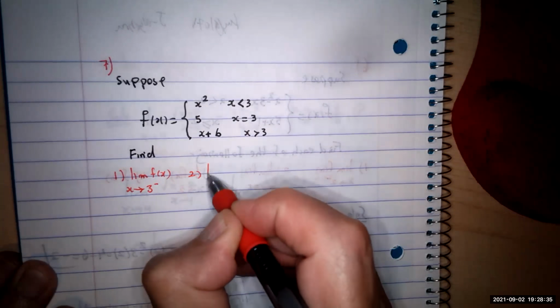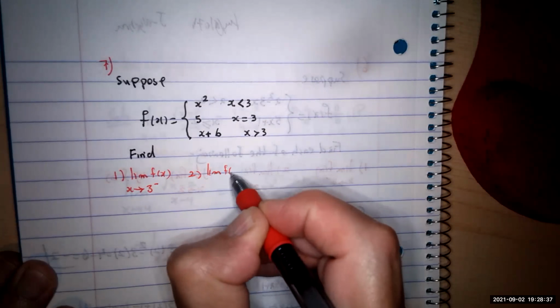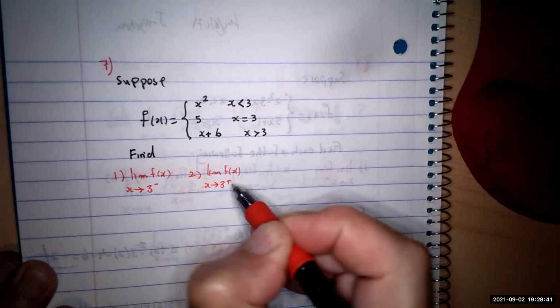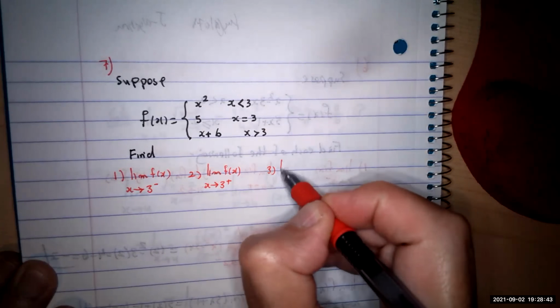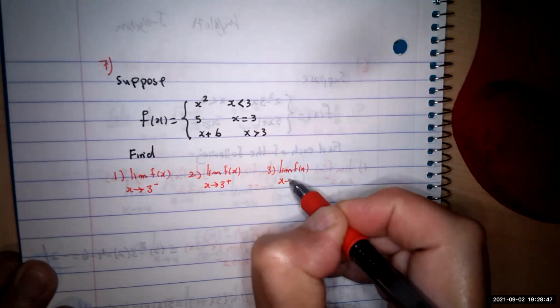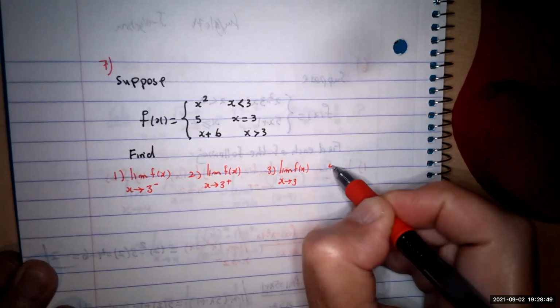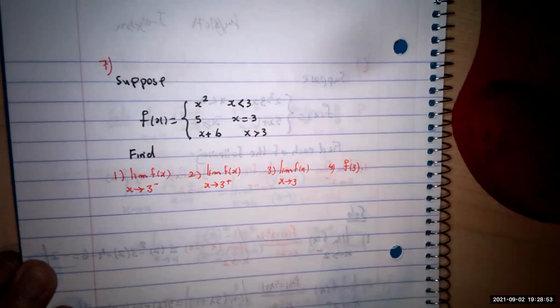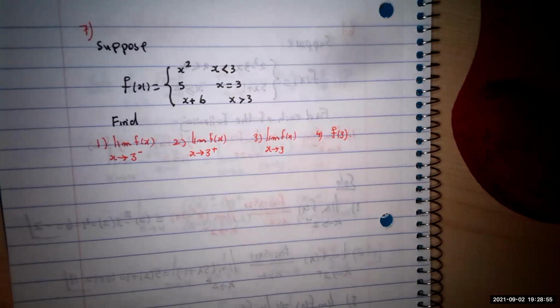What is the limit of f of x when x goes to 3 positive? And the third part, we want to know what's the limit of f of x when x goes to 3. And the last part, we want to find what is going to be f of 3. It's similar to the one that we talked about.